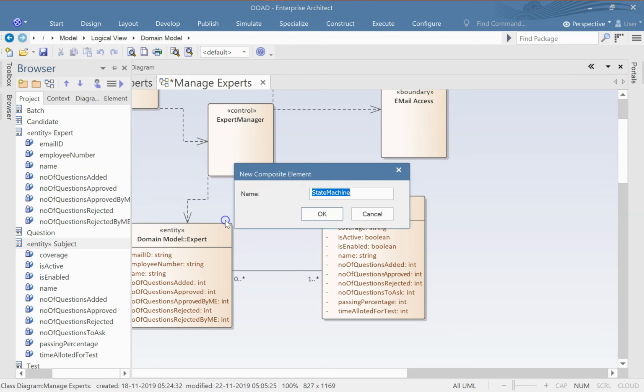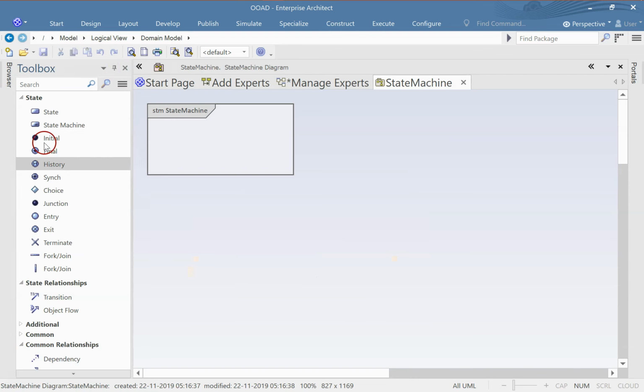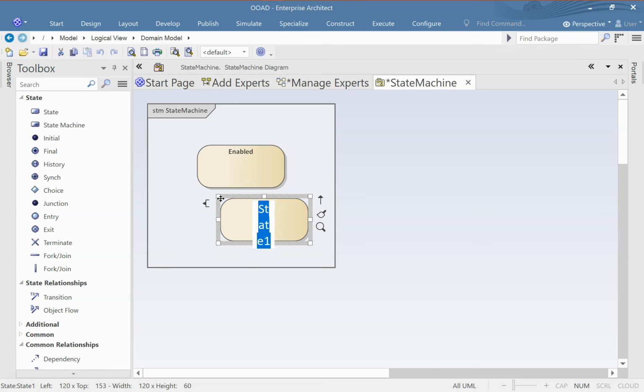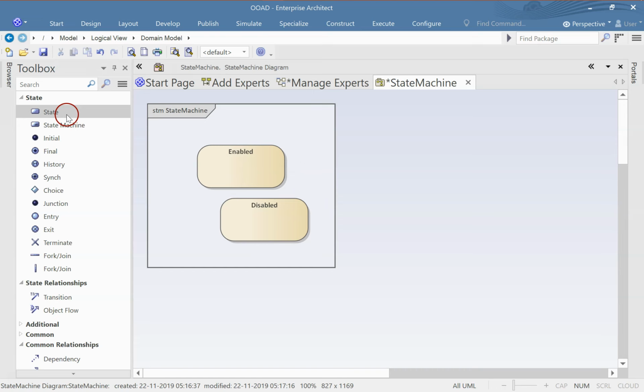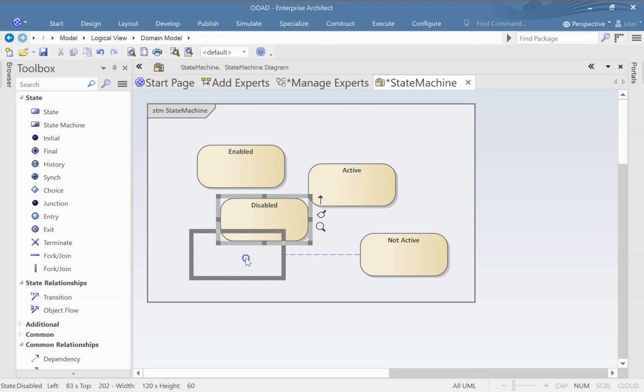Add state machine diagram. Okay, so let's keep the toolbox open. Now we know that it will be is enabled and disabled. Similarly, active, not active, right?